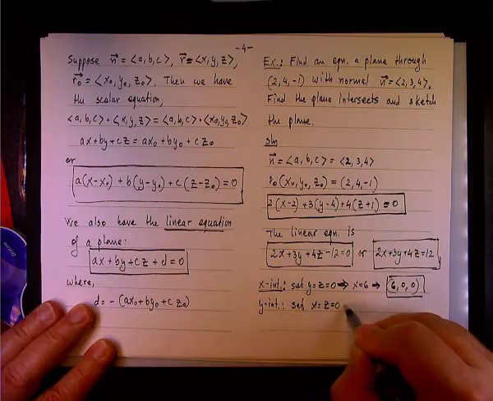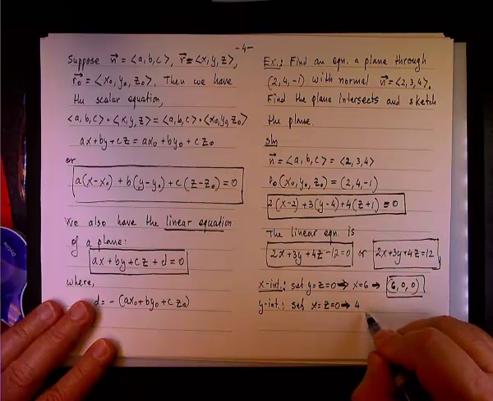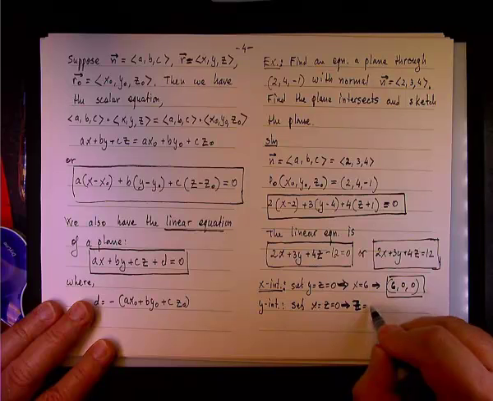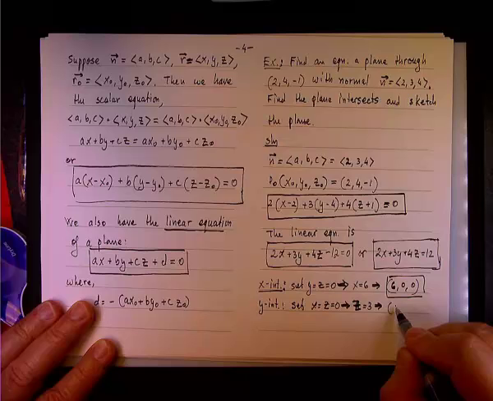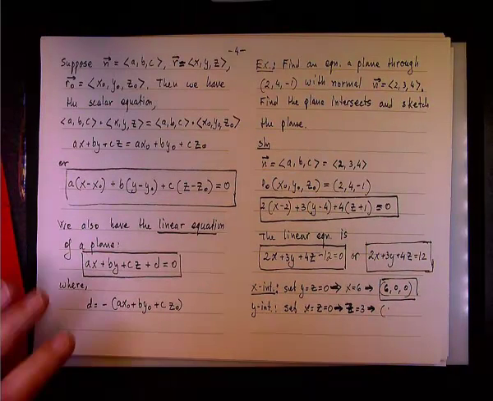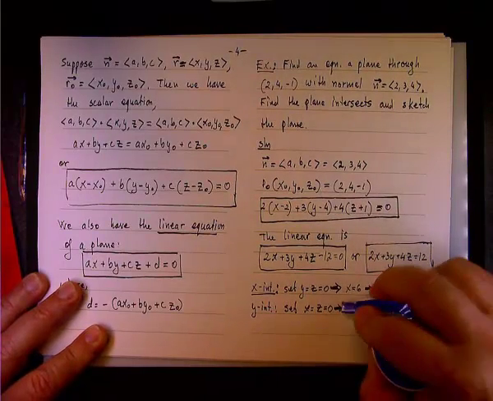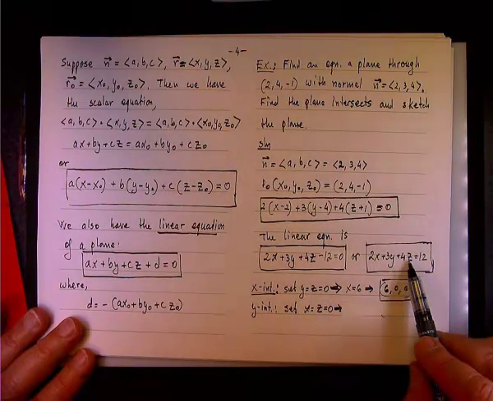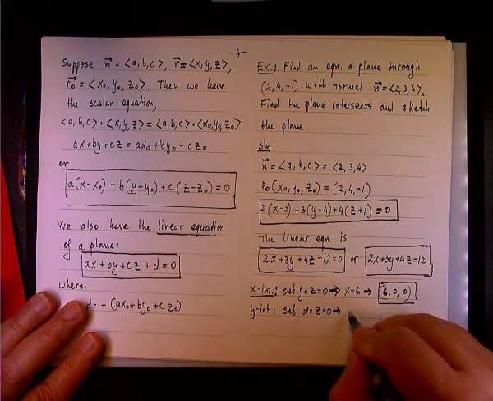The y-intercept, likewise, we set x equals z equals 0, and we solve for y. Sorry, I started with y and jumped to z.